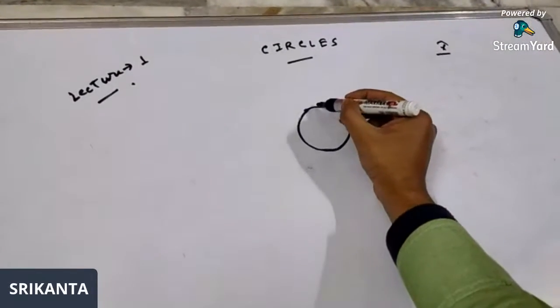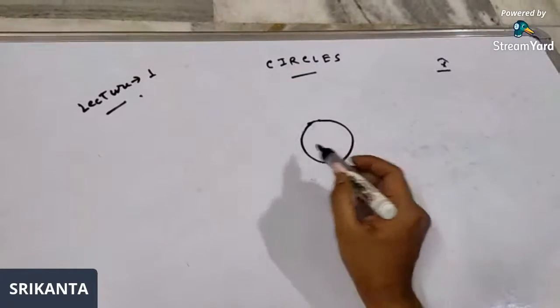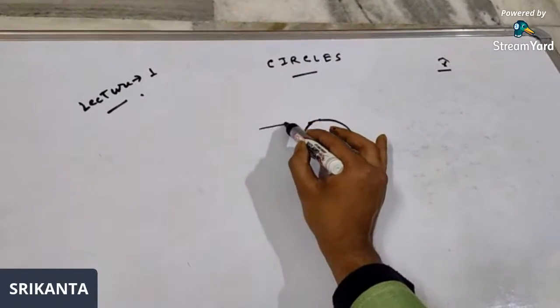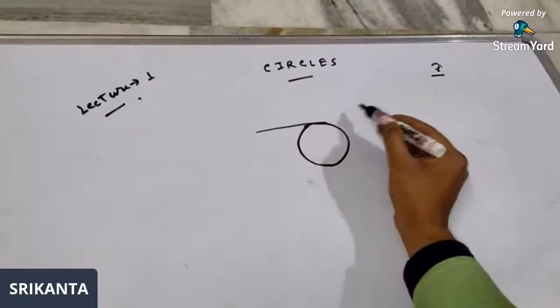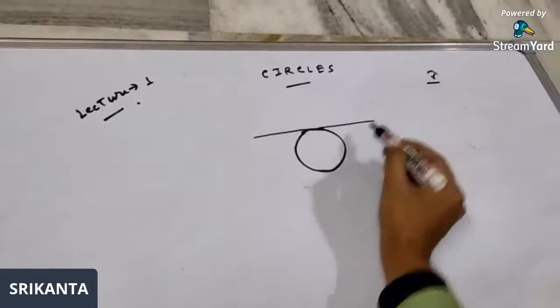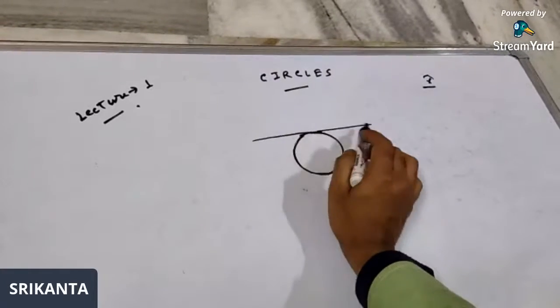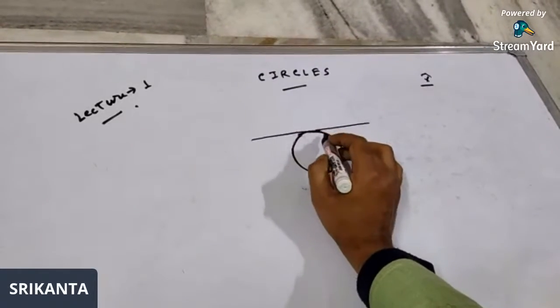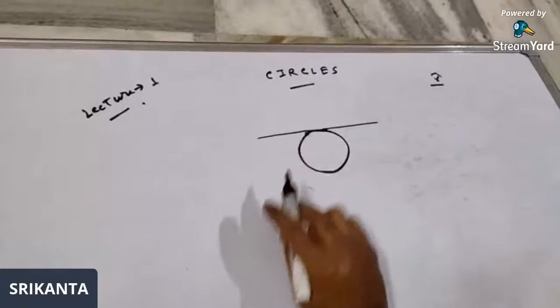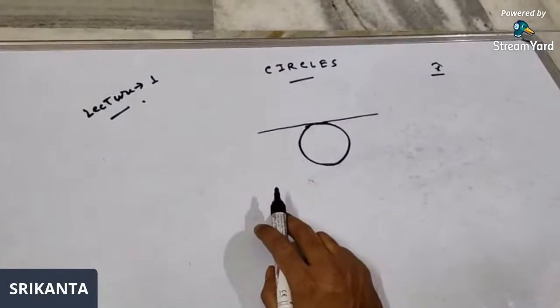Now if I take any point and draw a line which just touches the point, then this line, or rather line segment, is said to be a tangent to the circle.